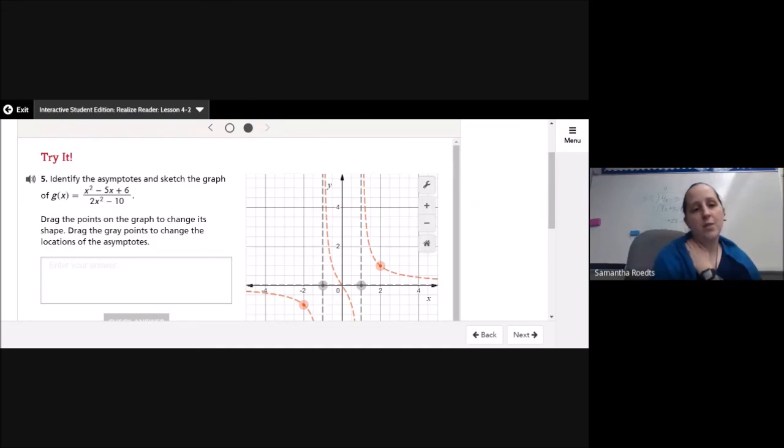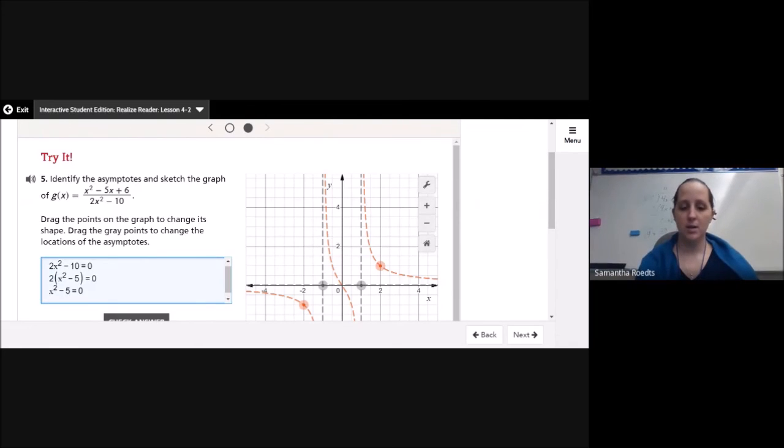I have g of x equals x squared minus 5x plus 6 over 2x squared minus 10. So for my vertical asymptotes, 2x squared minus 10 equals 0. So I can factor out a 2. So I get x squared minus 5 equals 0. So x squared equals 5. And I take the square root of x squared equals the square root of 5.